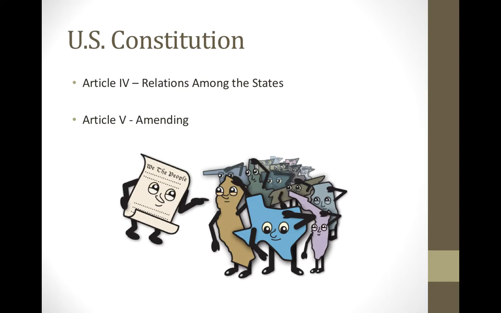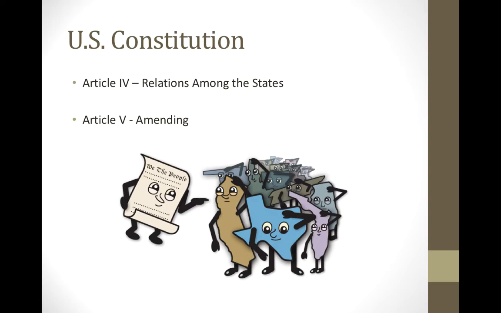Article 5 is about amending the Constitution. This is one of the major weaknesses that we'll discuss when we get to the Articles of Confederation. The articles were never amended because it took all 13 of the original states to amend it. So it is still very, very difficult to change the Constitution. There have only been 27 amendments or changes made to the Constitution.